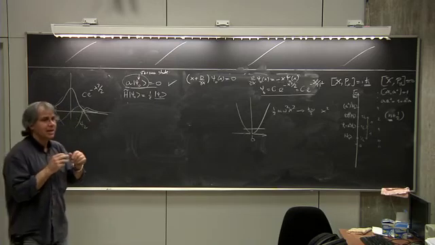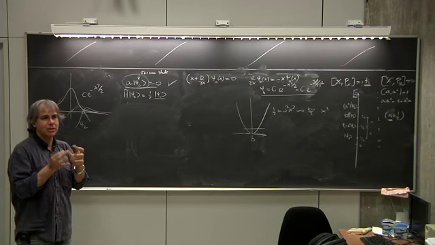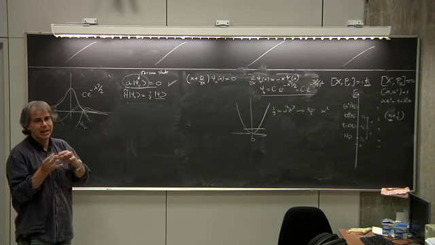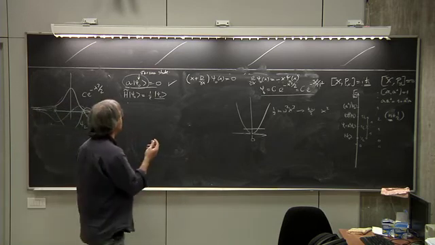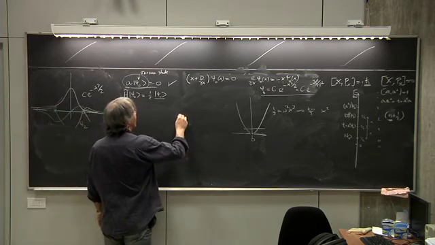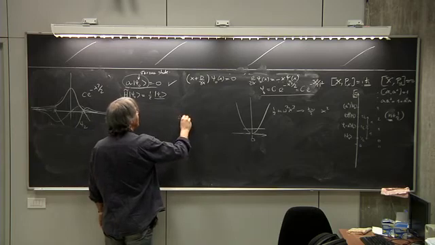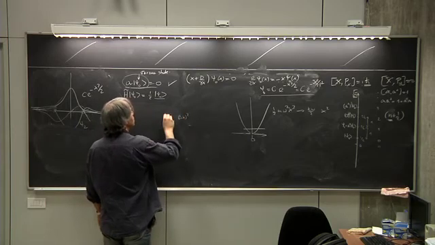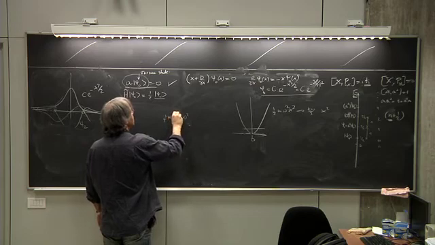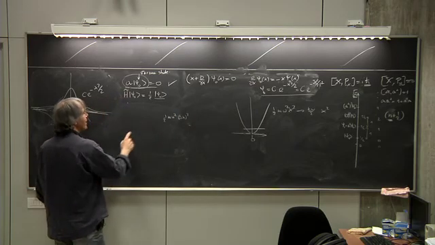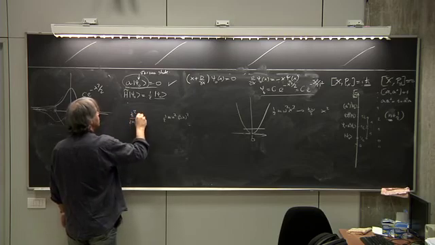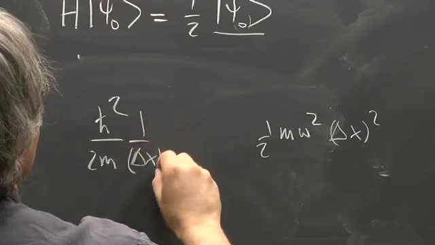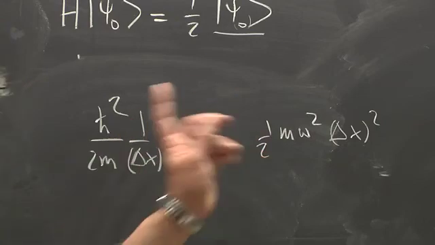And in fact, you can try to show the best compromise between indeterminacy in X and P. If I have some delta X square, this costs a potential energy that is this. If I have the same delta X square, this costs a kinetic energy that is this. What is the best I can do?